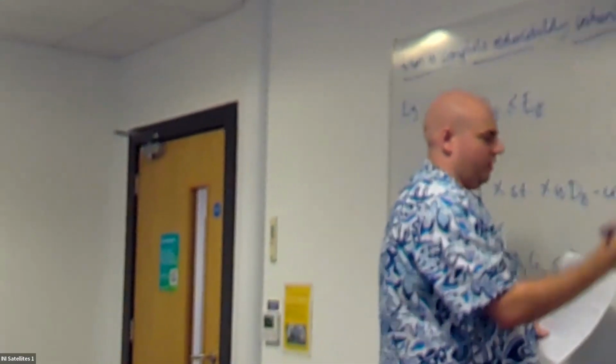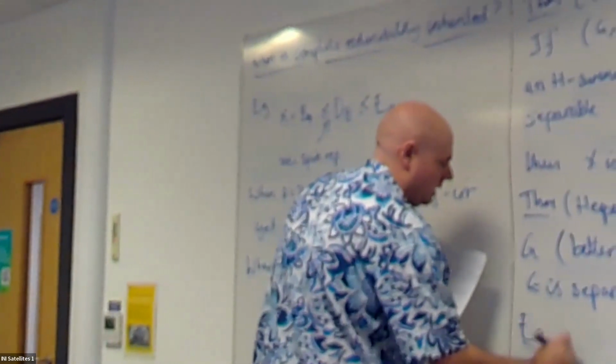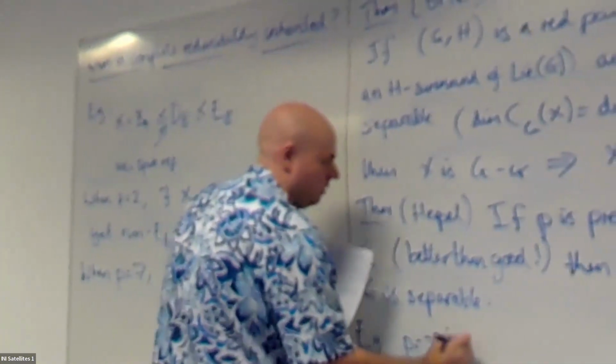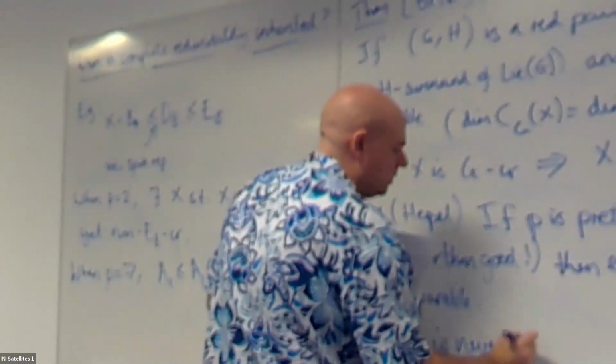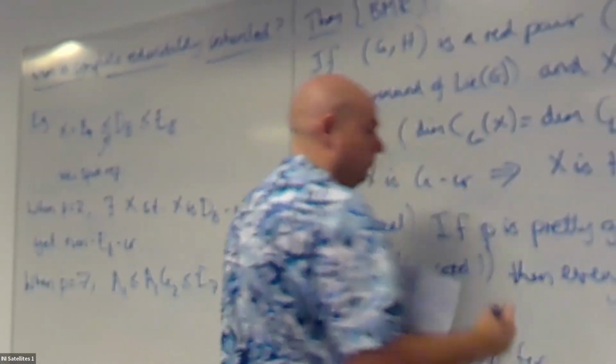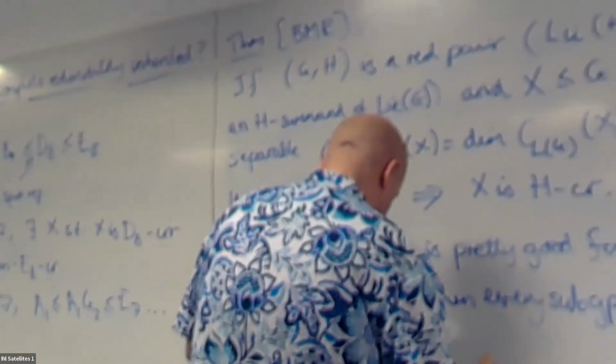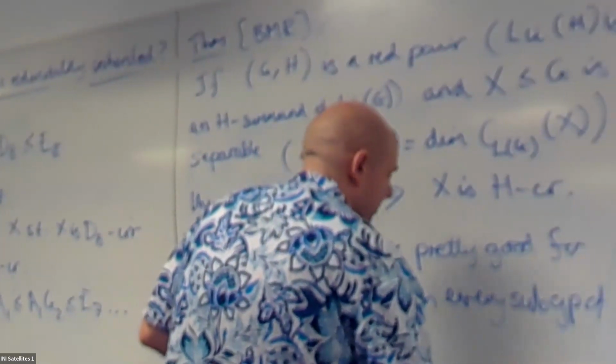In characteristic 0, all of this is true because I don't have anything that's a non-GCR. So everything is true for 0. And so, for example, p equals 2 is never good. For exceptionals, it's also not good. Not good, pretty good, very good. Exceptionals.